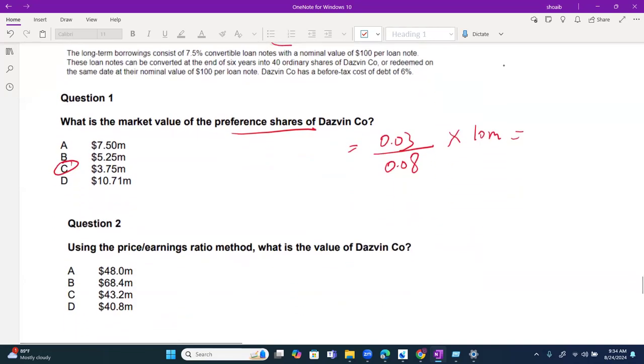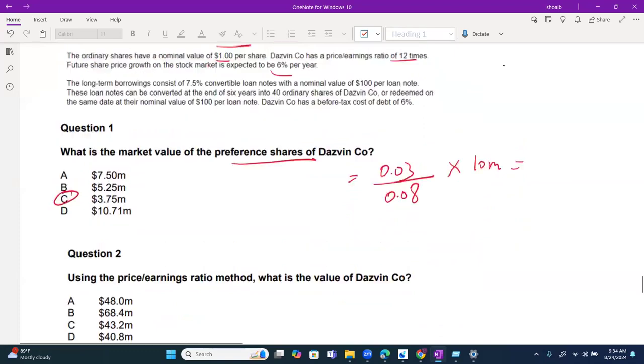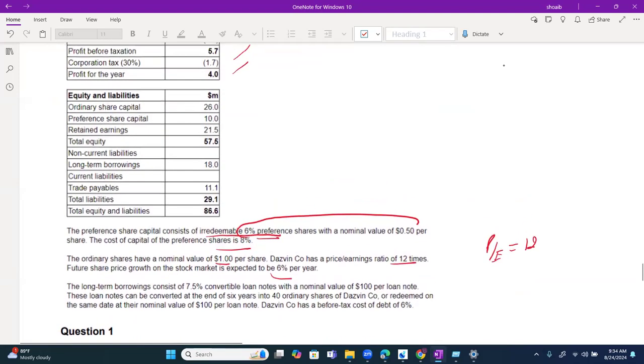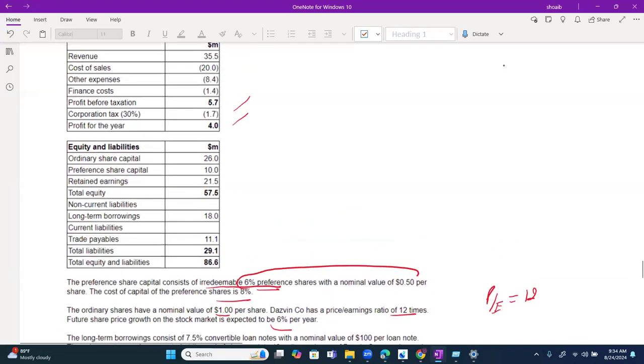Using the P/E ratio method, what is the value of the Dasvin company? Dasvin has a P/E ratio of 12. What is the profit for the year? Remember, preference shares are there.